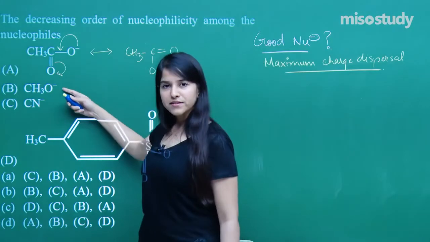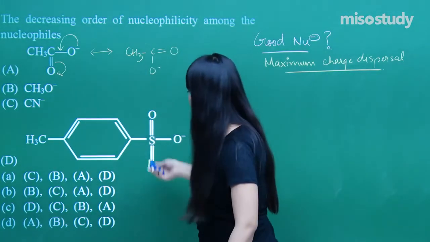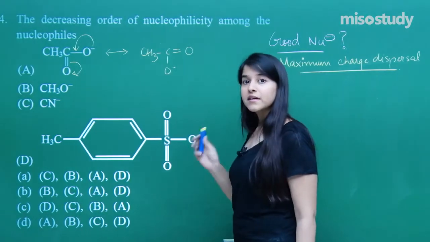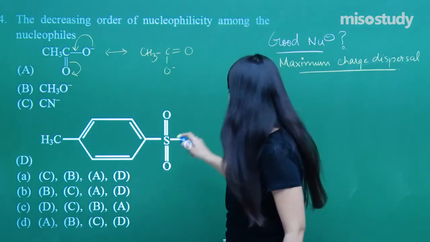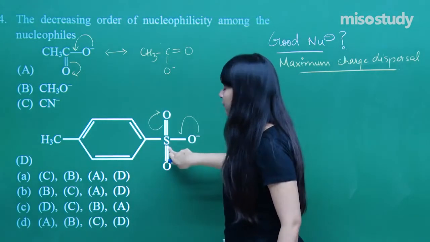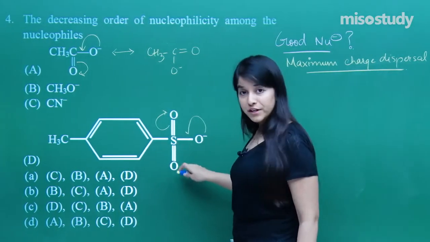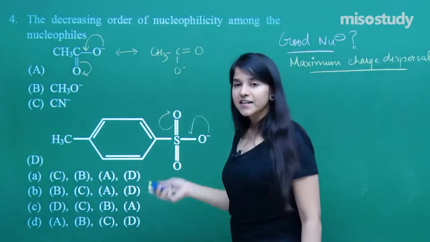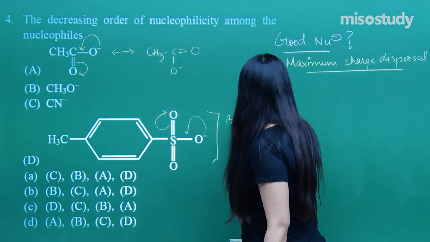Can you see a resonance stabilization over here? No. Over here? Not at all. Over here? Yes, definitely. A very good resonance stabilization indeed. How? Sulfur will now have the positive charge. It could be fulfilled by this very oxygen, or the entire benzene ring can be involved in the resonance. So better resonance stabilization.